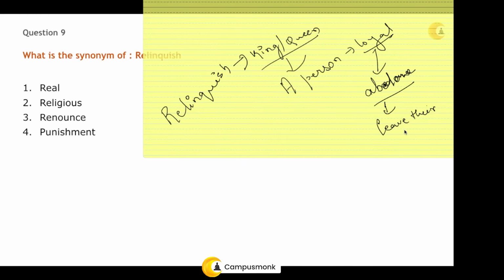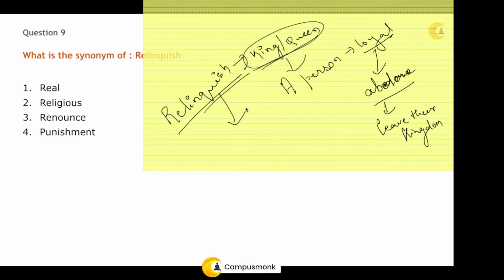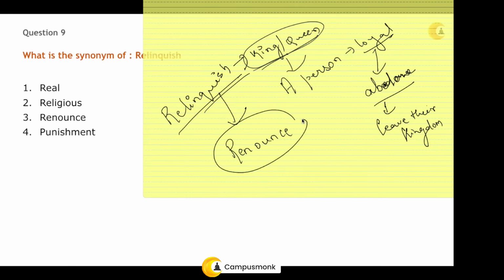This was initially started by these kings and queens, to abandon, to let go of someone, and that was by order. So what was this relinquish known as? It was known as renounce. Renounce means to relinquish or to abandon someone or something. So your answer is in option number 3.